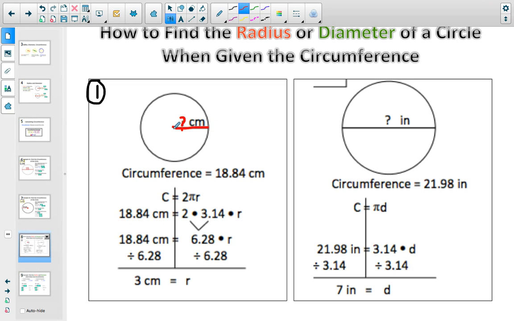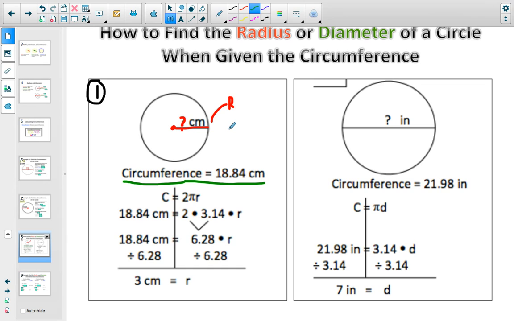So if it's starting from the center and it's going to the edge of the circle, this is the radius. So r, we're trying to solve for the radius. It's unknown. We're given the circumference. So the circumference is equal to 18.84. So we're going to use that number to help us find the radius of this circle.